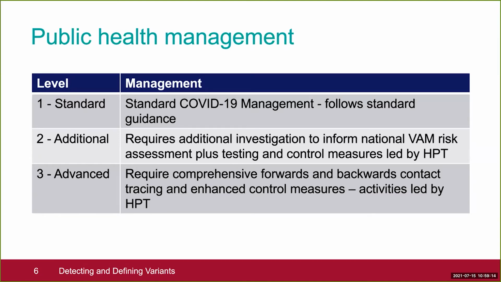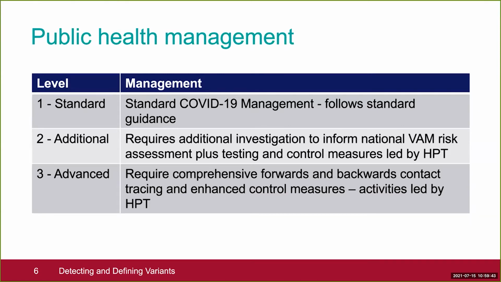Then you have level 3, which is advanced. This has a very intense, comprehensive forwards and backwards contact tracing protocol. That means they will contact the case, ask them for anyone that they were in contact with prior to their infection so that we can see if there are any positive cases there and try and find the source, and also their forwards contact tracing so that we can stamp out any onwards transmission that's happened.